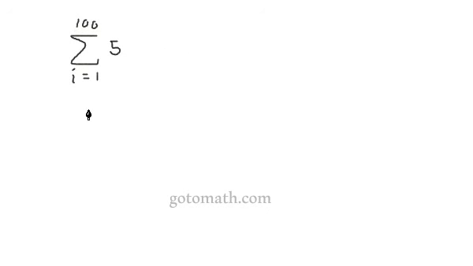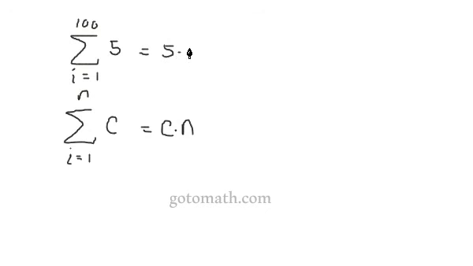So we can use this formula right here, which states that the sum from i equals 1, your lower bound, to n of some constant c is just equal to c times n. Now you might have already known that, right? So this would just be 5 times 100, because there's going to be 100 of these 5s that you're going to be adding up.